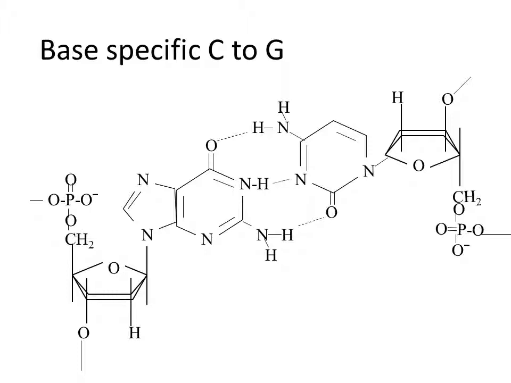And then the amino group on the guanine has a hydrogen that is hydrogen bonding to the carbonyl on the cytosine. Again, notice the DNA backbone is inverted in one chain. You can see that the chain on the left is going 5' to 3', and the chain on the right is going 3' to 5'.